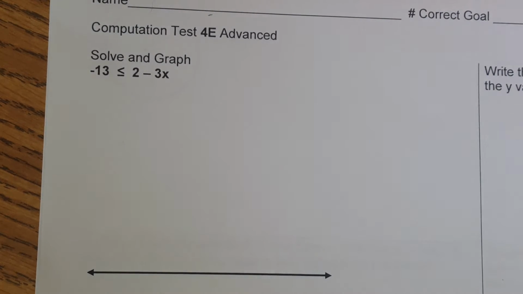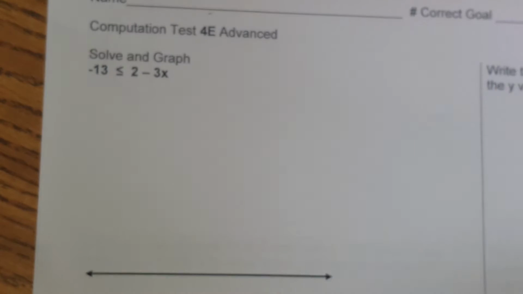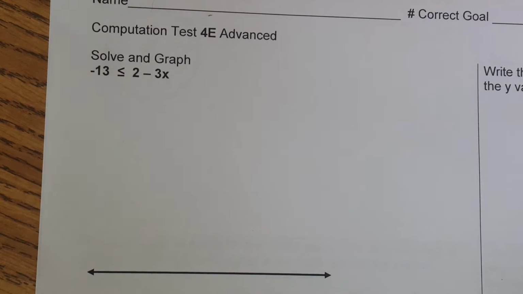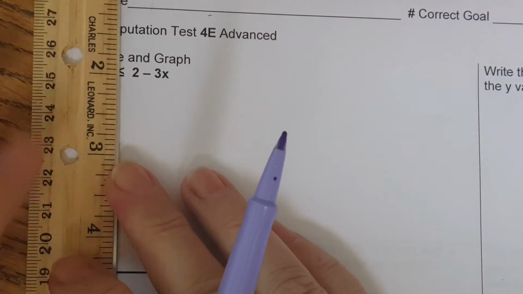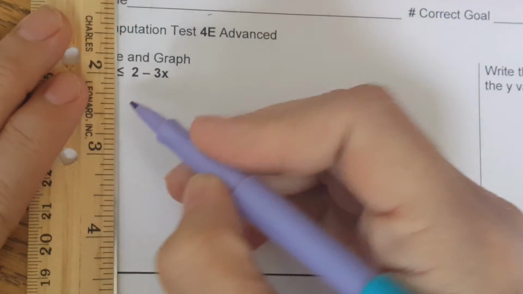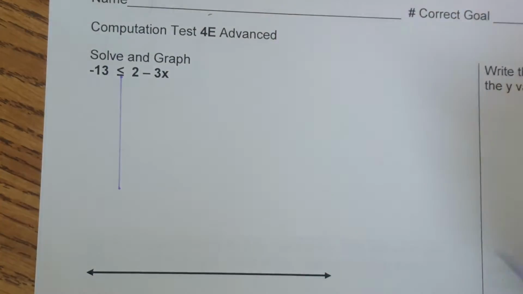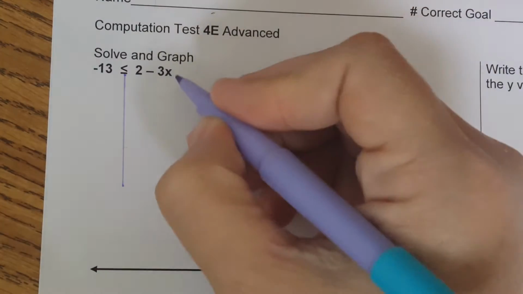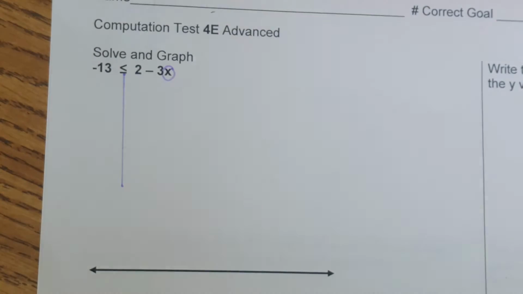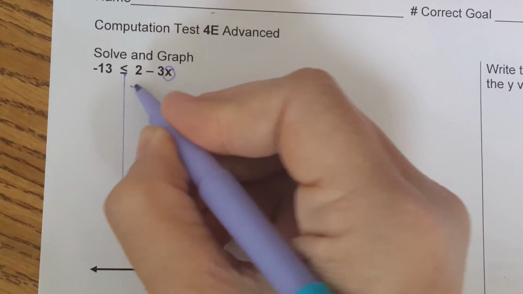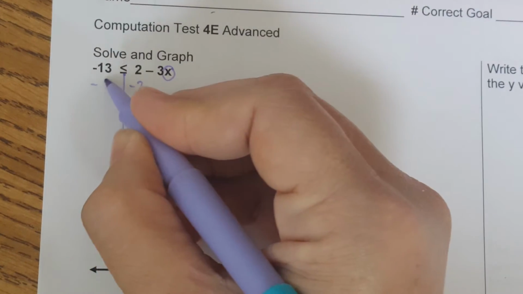The first question is one of our solve and graph questions, and we're supposed to solve for x. We're going to do that by dividing the two sides of the equation. We're going to draw a line from our inequality, and we're trying to get this x by itself, so we're going to start off by subtracting 2 from both sides of the equation.